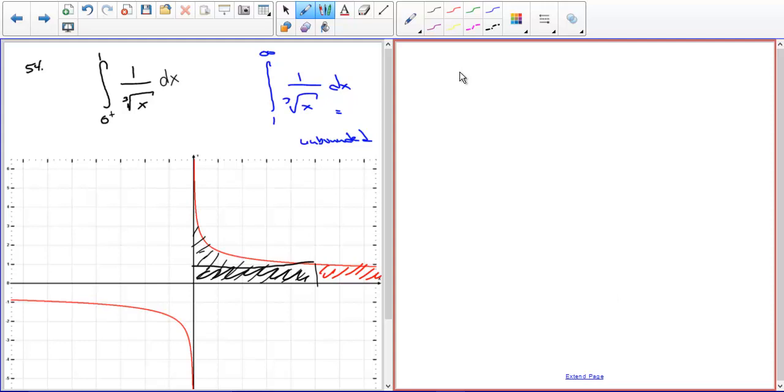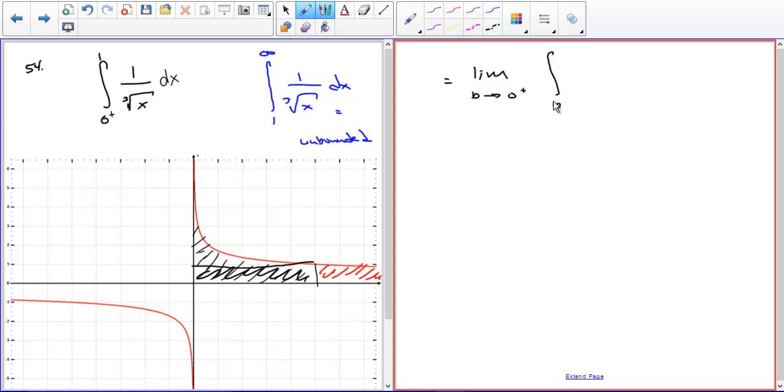So the first one we're going to look at is this one. What we'll do is replace the limit where the function goes to infinity with this dummy variable b. And that's not right, it's to 0, and we're approaching it from the positive side.